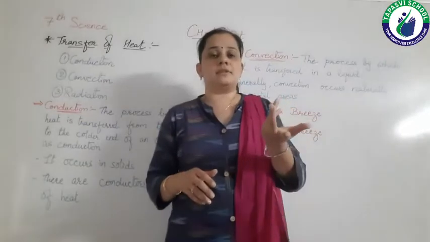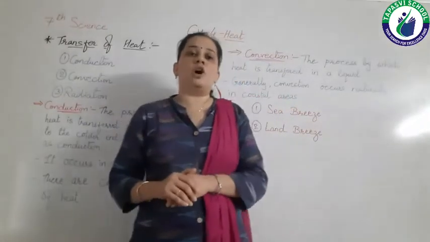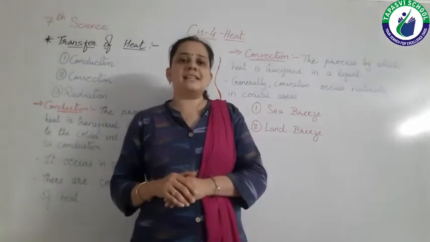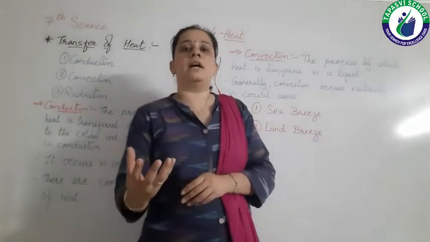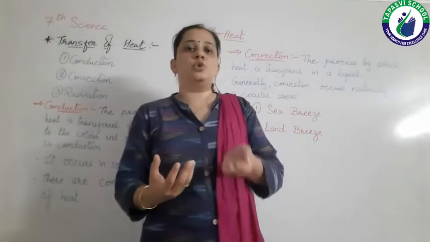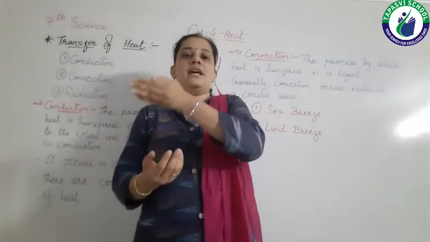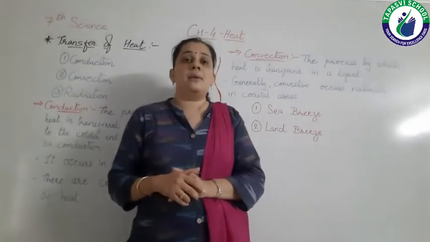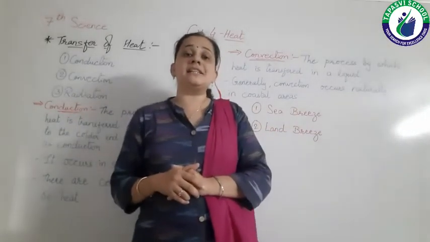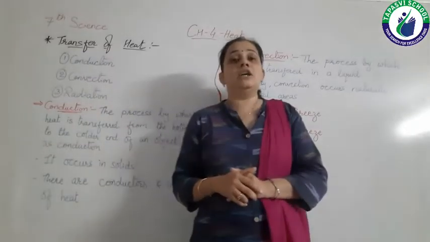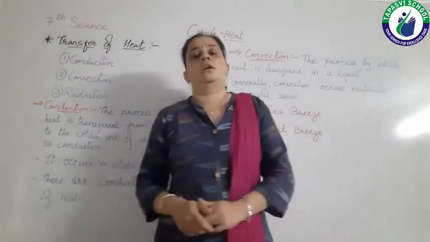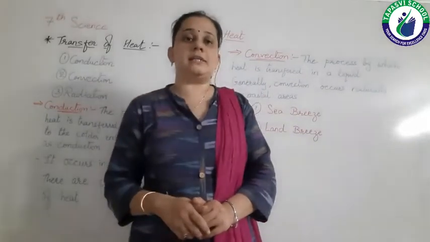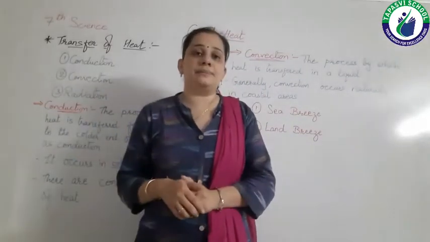How does this happen? This happens because of the transfer of heat. As heat is transferred from the burner to the utensil and from the utensil to the spoon. So this is the fact by which the heat is transferred in the utensil, right? So different substances will transfer the heat in different manner.